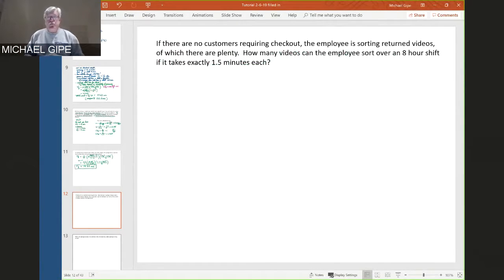If there are no customers requiring checkout, the employee is sorting returned videos, of which there are plenty. He's always got as many as he needs to sort. How many videos can the employee sort over an 8-hour shift if it takes exactly 1.5 minutes each? Again, this is a background task, just like in the previous question.